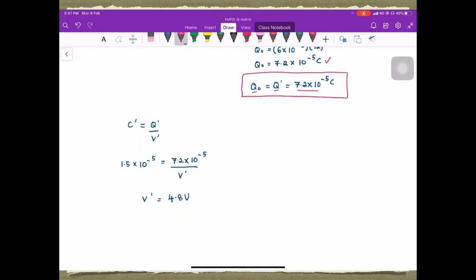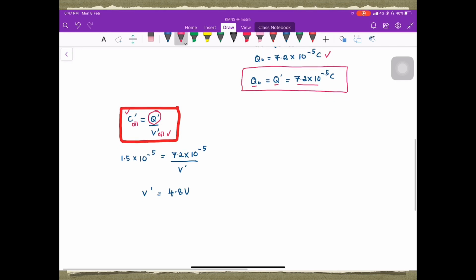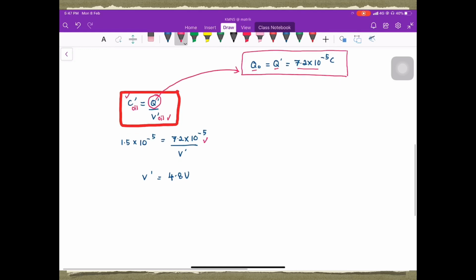So when we want to calculate the new potential difference, this is the new capacitance, meaning oil, and this is the potential difference for the oil. Q here should be equal to the initial charge. So substitute, and finally we get the new potential difference in oil equal to 4.8 volt.